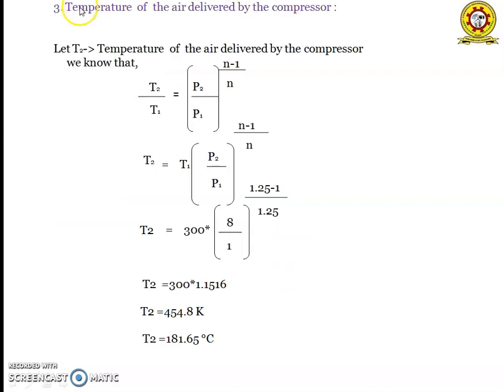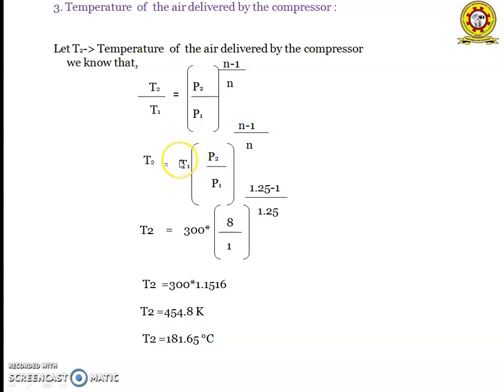And the third parameter is temperature of air delivered by the compressor. Let T2 be the temperature of the air delivered by the compressor. We know that for a polytropic compressor, the relation between the pressure and temperature is T2 by T1 is equal to P2 by P1 whole to the power of n minus 1 by n. We have to calculate T2. So T2 is equal to T1 into P2 by P1 whole to the power of n minus 1 by n.